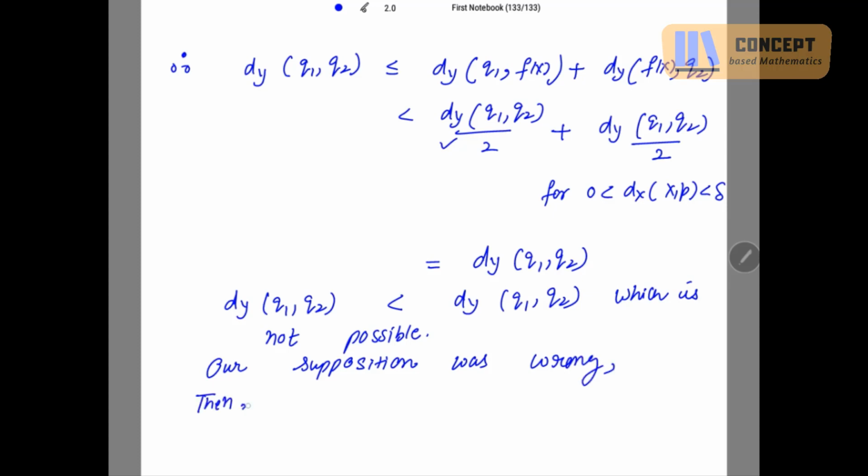So hence limit x tends to p of f of x is unique. That means q1 and q2 are one and the same point. So this limit is unique.